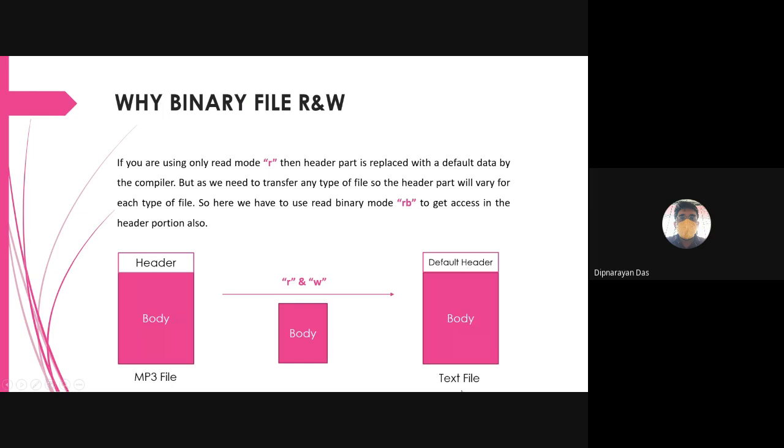Later, when we open the file, the program will understand it as a text file, not an MP3 file. So we also have to read the header part. To read the whole content of the file, we have to use read binary and write binary modes. This is the main thing we need to know for reading the file, because we have to send any type of file in this communication.